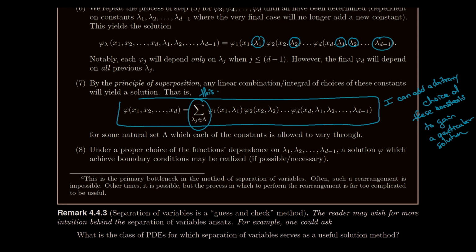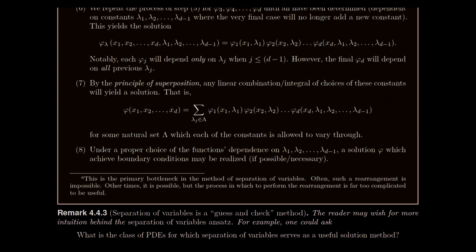This could be a sum, as is notated here, or an integral. Because in fact, an integral is just a sum of infinitely many terms over infinitely small intervals. So it could actually be an integral instead. So I've notated it as a sum there, but you should keep in mind that can also be an integral.